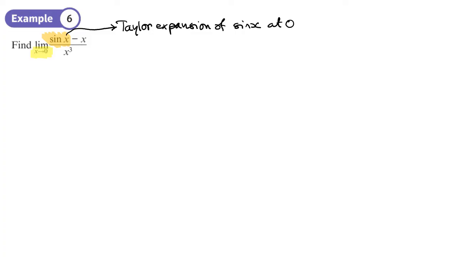But we know that when we do the Taylor expansion of anything at 0, that's basically the Maclaurin expansion or Maclaurin series. So that makes things easier because we can just use the Maclaurin expansion that's given in the formula book. And that is this.